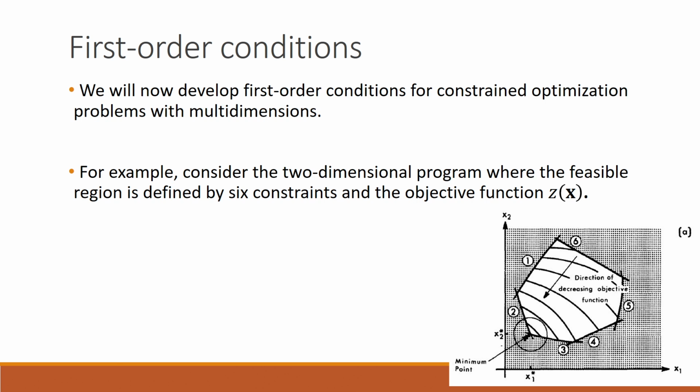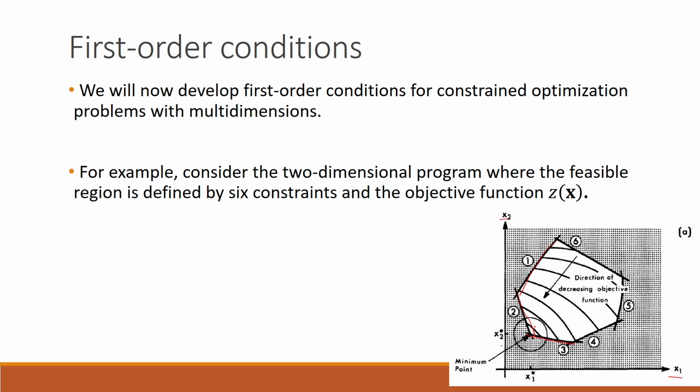That is why you can see that there are these two axes here, x1 and x2, and there are 6 constraints here which are represented by these lines. These need not be lines, they can be curved also. We are not necessarily assuming that the constraints have to be linear, and neither are we assuming that the objective function has to be linear.